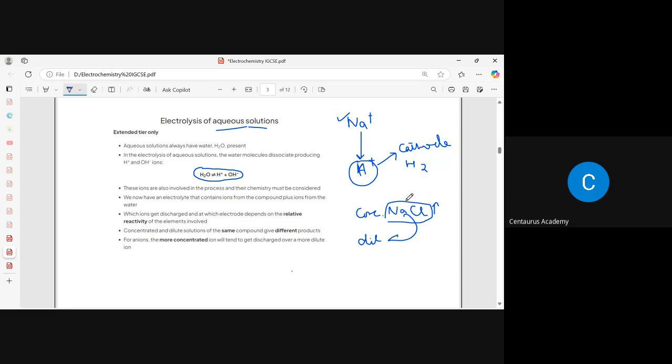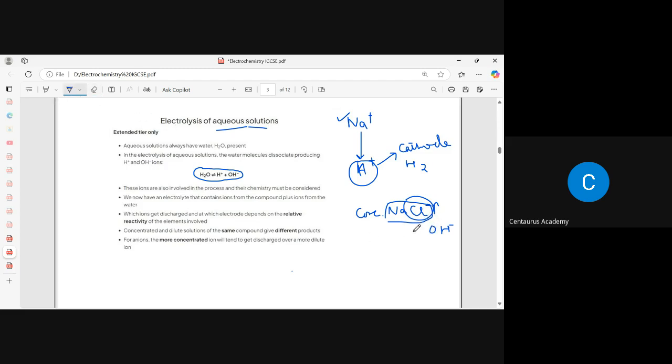Since we're talking about the anions, in concentrated sodium chloride you would have chloride ions and hydroxide ions both within the solution. Yes?